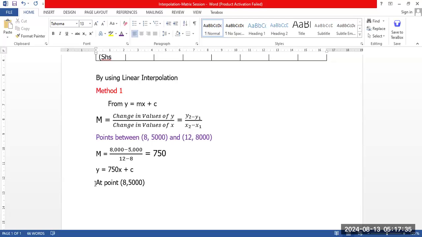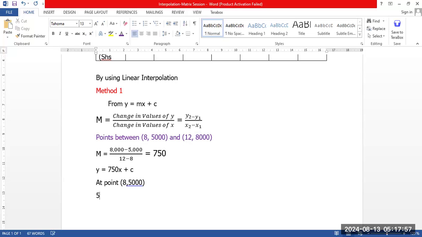What will be my value of c? Remember, your 8 is x, your y is 5,000. So you can substitute in this formula to get c. Where you have y, put 5,000.